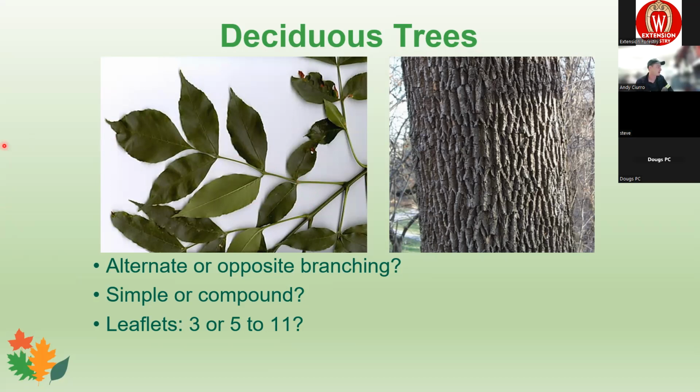So we know it's an ash here. Now we're in the ash box. 7 to 13 leaflets, 5 to 9 leaflets, or 7 to 9 leaflets. Well, this example fits all 3 of those, so let's go to the next thing.